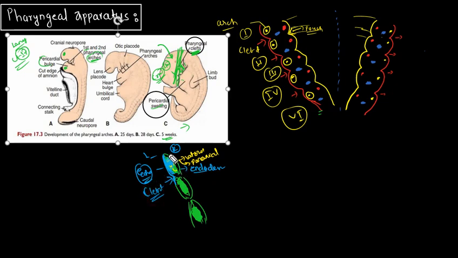And due to the bulging of the dorsal surface of your palm, that bulging gives this space, such a space or outpocketing is known as the pouch. So there is the pharyngeal pouch, pharyngeal arch and pharyngeal cleft, which all together are known as the pharyngeal apparatus, right?